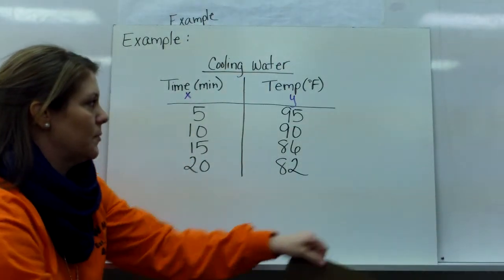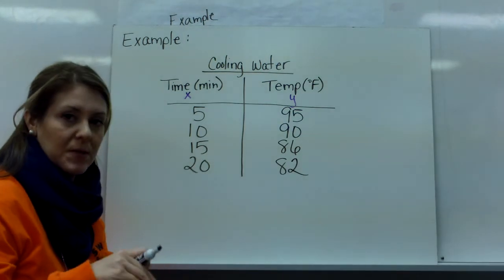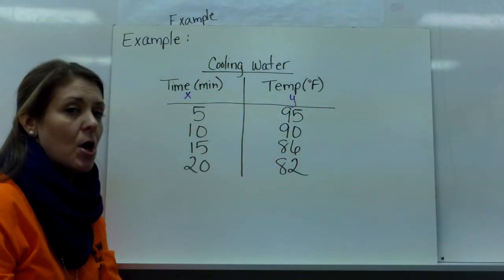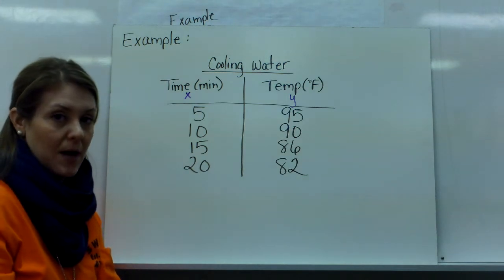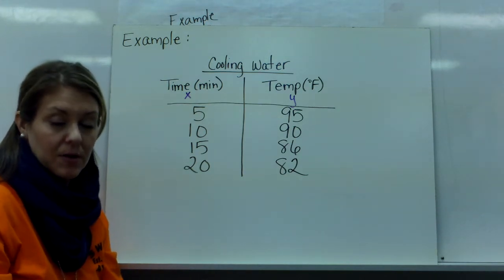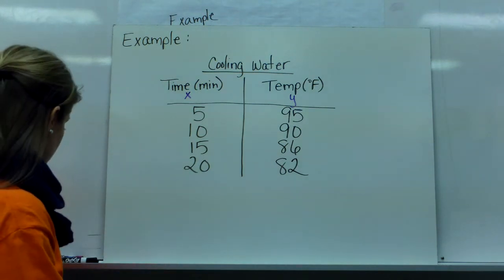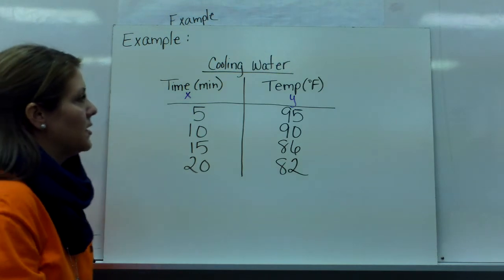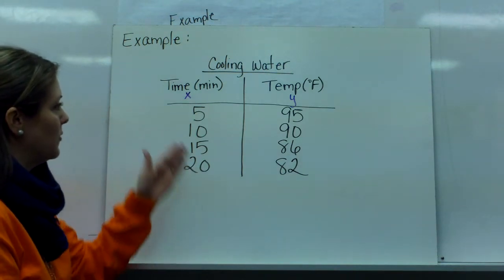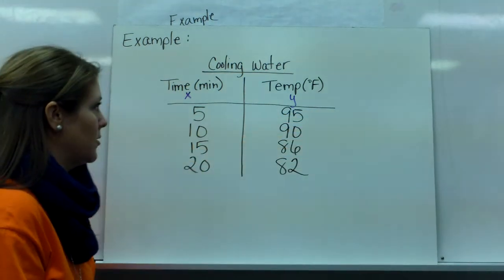Let's look at some examples and observe the rate of change and determine if it's going to be a constant rate of change, which would make it a linear relationship, or if it would not be constant, which on the other end means that it's not a linear relationship. In this particular situation here, we're talking about cooling water. So we've got the time in minutes and the temperature of that water.